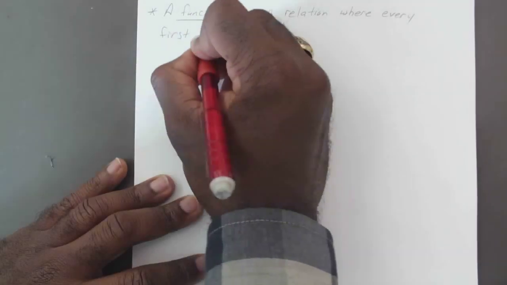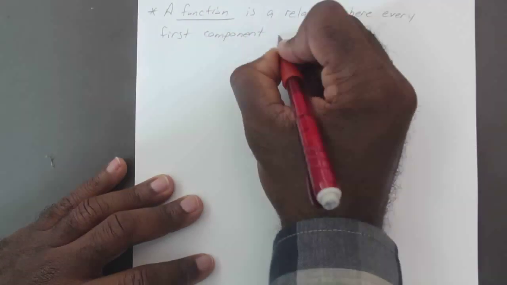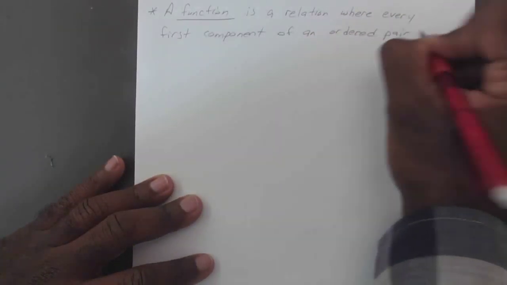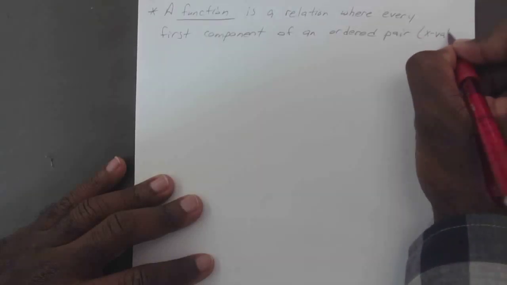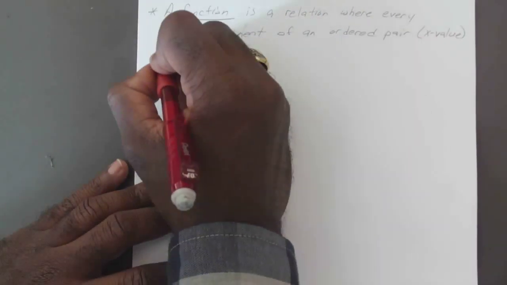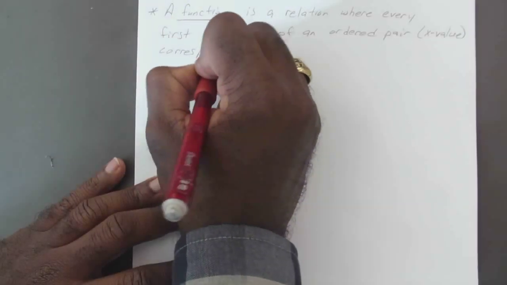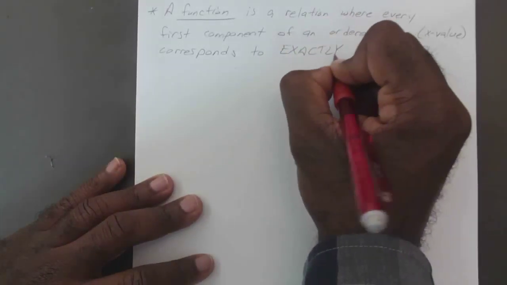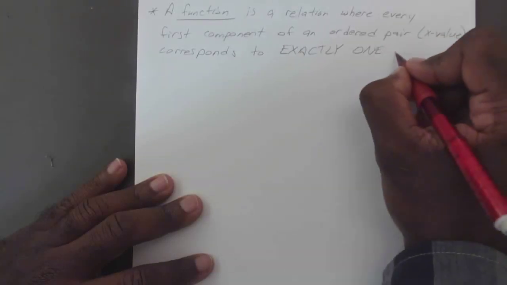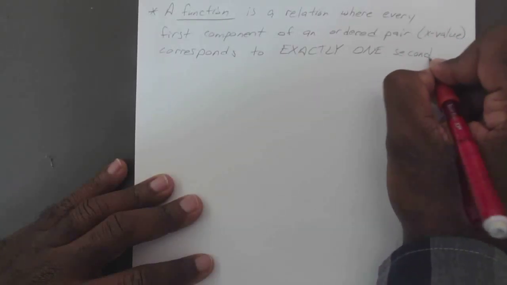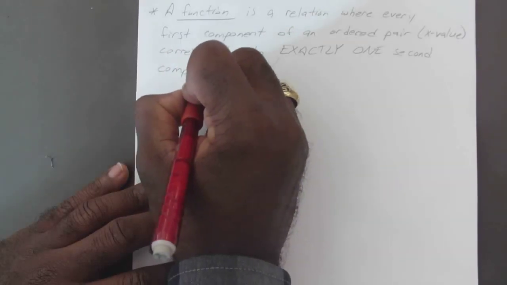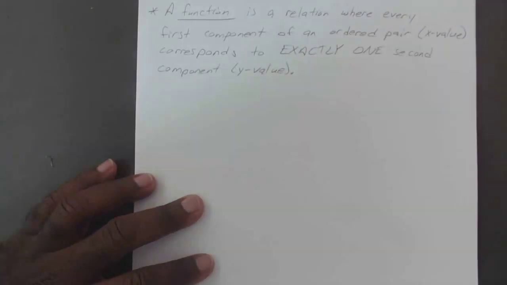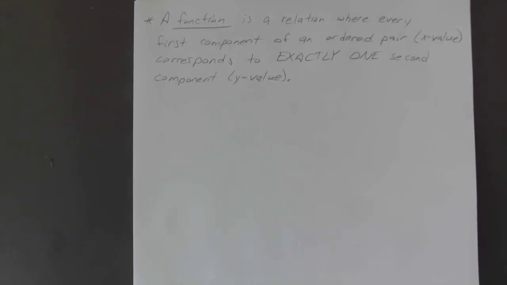Every first component of an ordered pair, like I said, just X value, corresponds to exactly one Y value, well, second component, or Y value. Okay, so that's the technical definition of it.